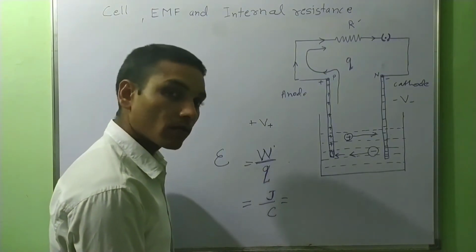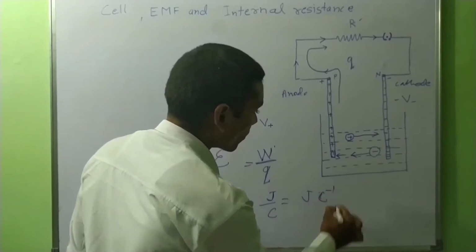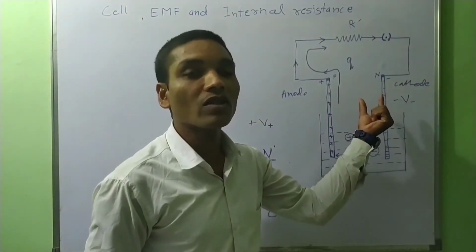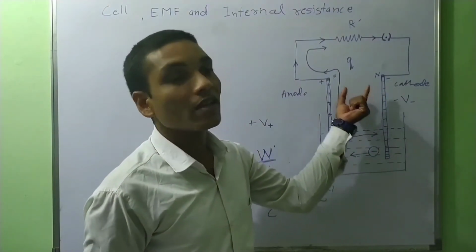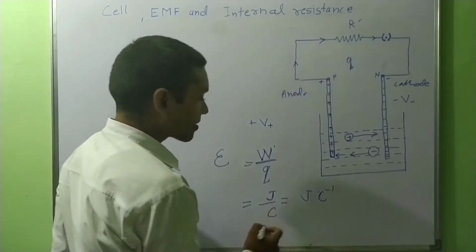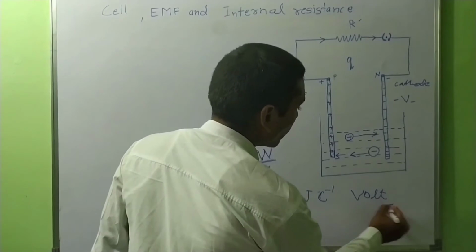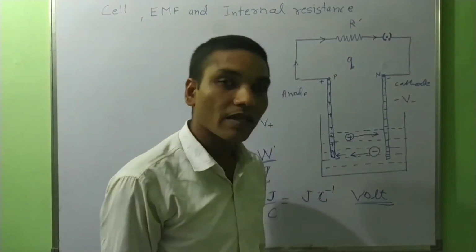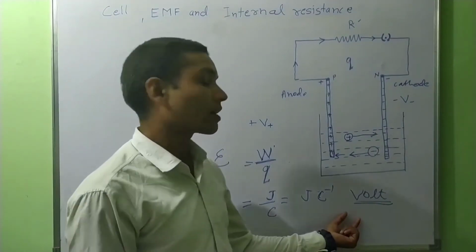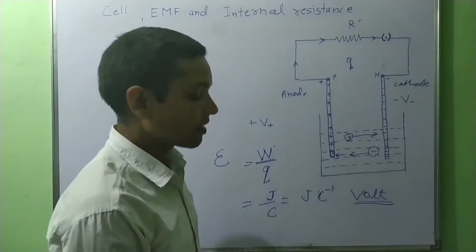But this is actually the potential difference between the two electrodes when the circuit is open, so the SI unit will be volt also. So we have to remember the SI unit of electromotive force is volt.